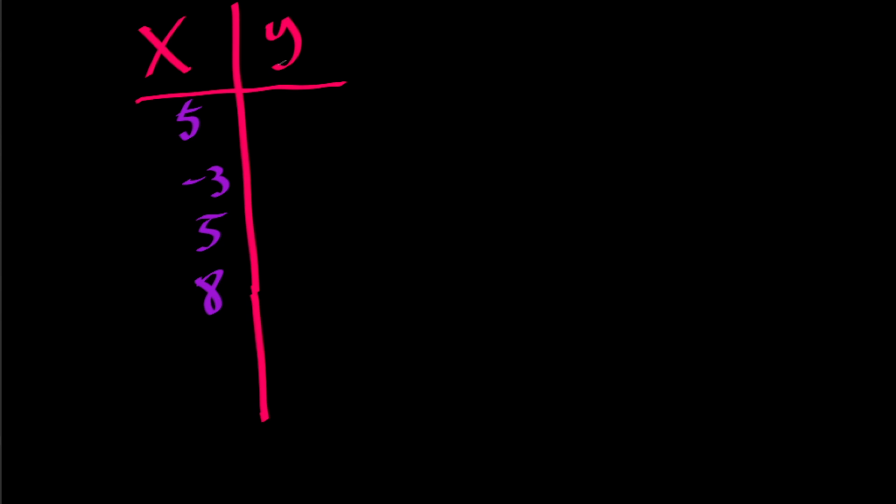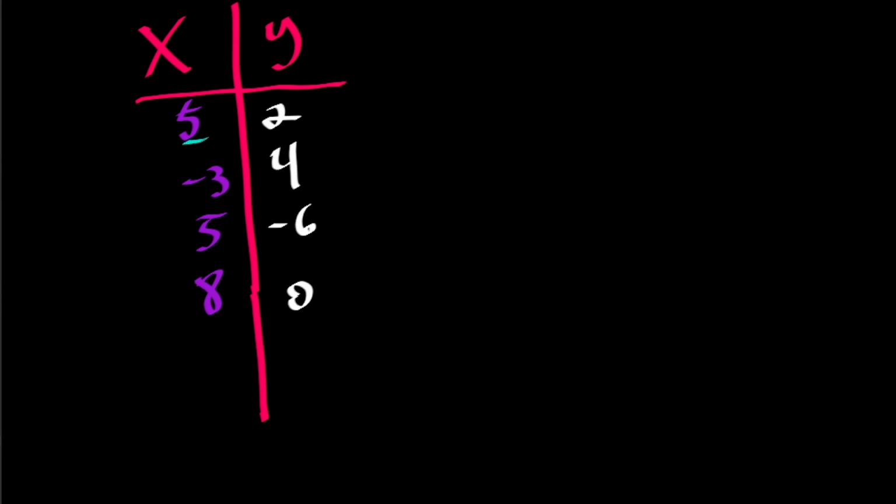All right. And then my y values are going to be, let's see, 2, 4, -6, and 0. Now, the only difference between the ordered pairs I gave you and the ordered pairs that we're looking at now is these ordered pairs are just given as a table, but it doesn't change anything.